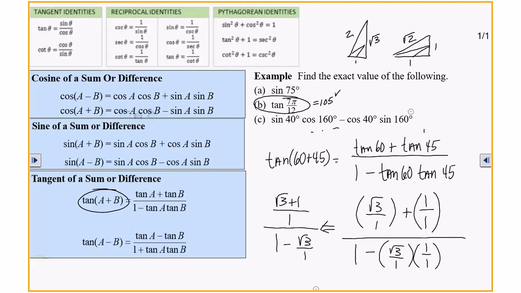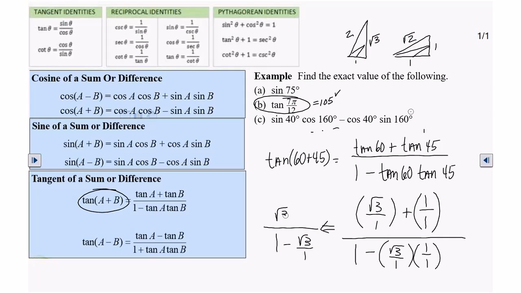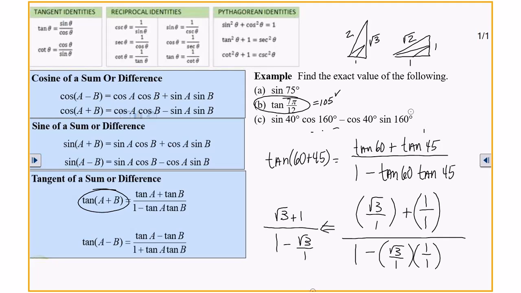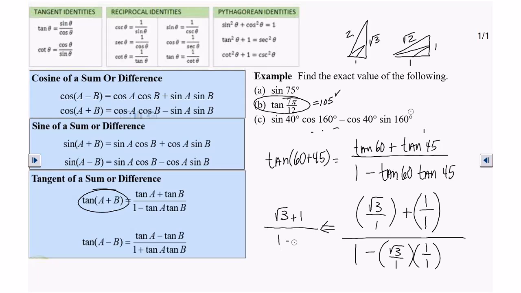Basically, you've got the square root of 3 plus 1 over 1 minus square root of 3.